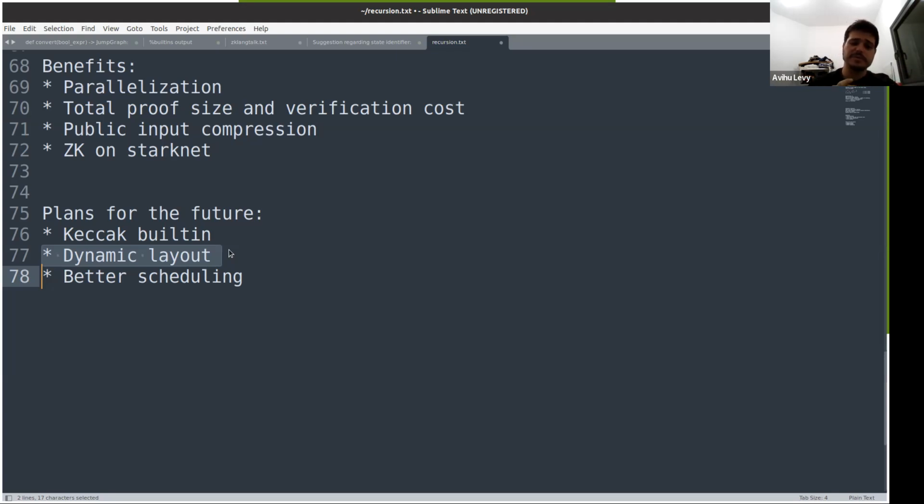And it was hard to do this on Solidity. It's very hard to program that, but in Cairo, it's a lot easier. And we are starting to work on it right now. Yeah, so that's it. I think I'm out of time, but if you have questions, feel free to ask.